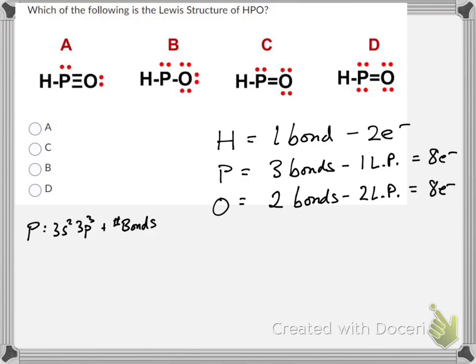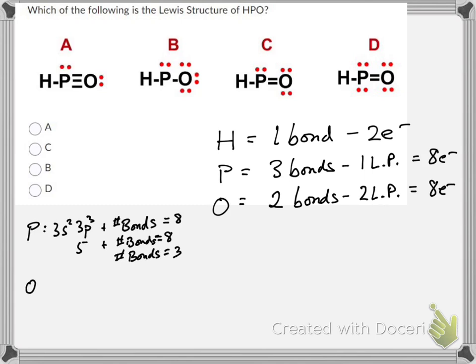The outer shell of phosphorus is 3s2, 3p3, so that number of electrons plus the number of bonds has to equal 8. So that's 5 plus number of bonds equals 8. And that's where we get number of bonds 3.